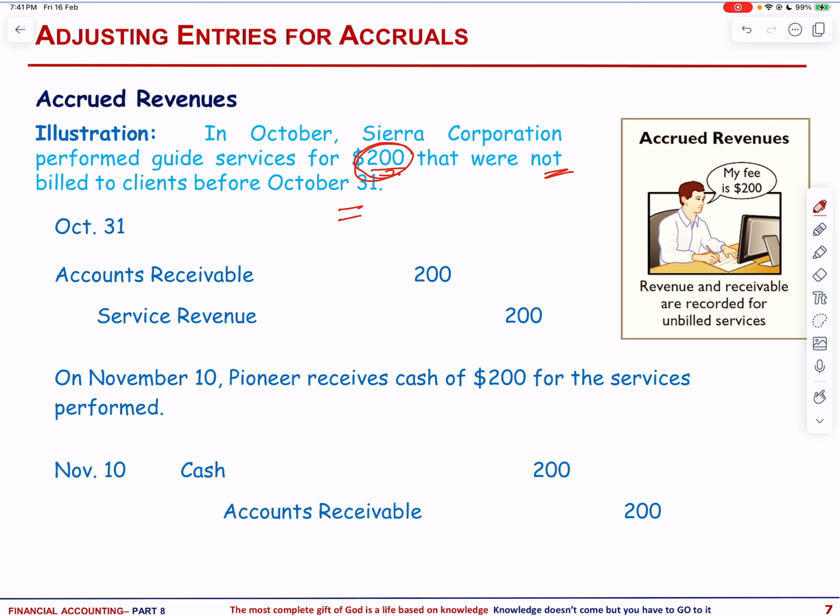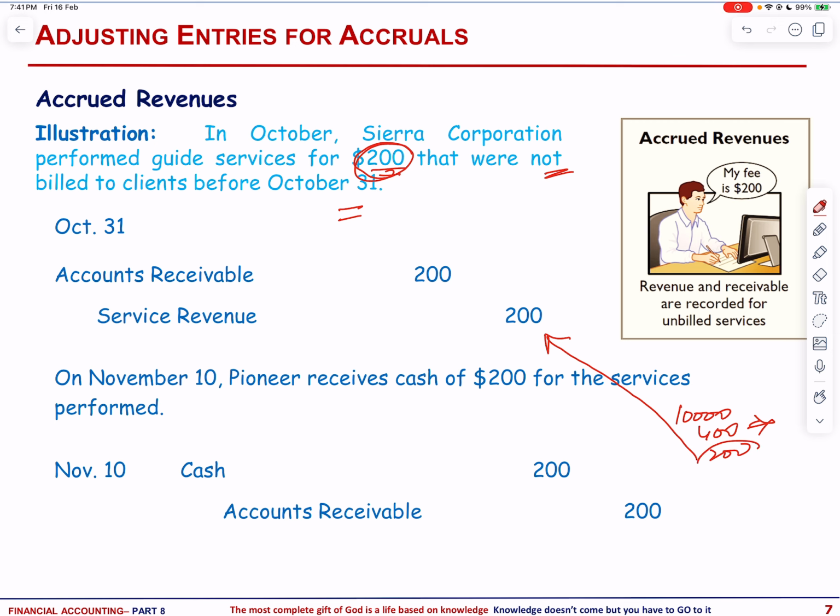So actually the total revenue will be 10,000 plus 400 plus 200: the 400 unearned service revenue earned in the case of deferrals, and the 200 that they have earned now. Now without the adjusting entry, the balance sheet and stockholders' equity are understated, while the income statement understates revenue and net income by 200.